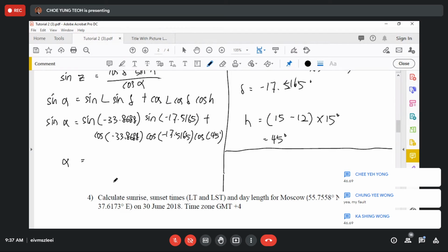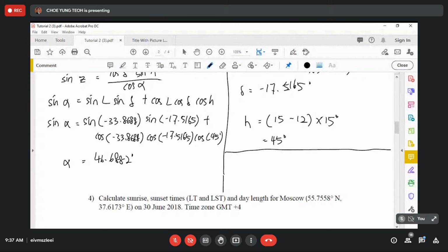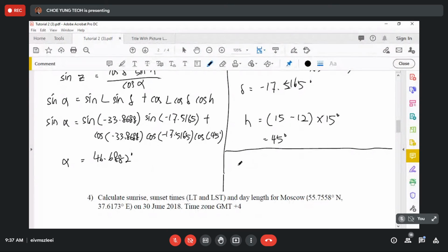Good. 46.6882. Okay. So after you get alpha, then we get the declination angle.